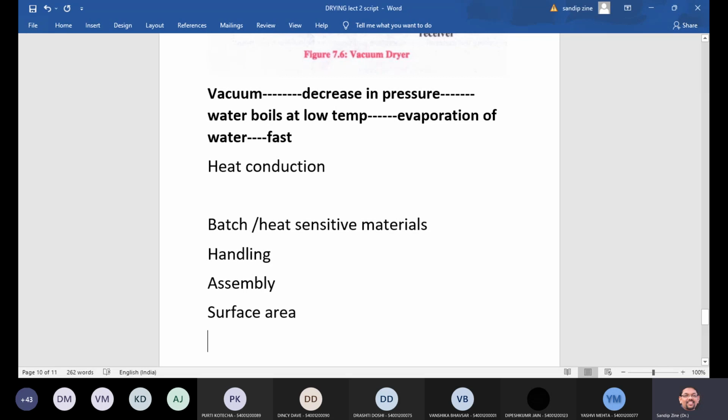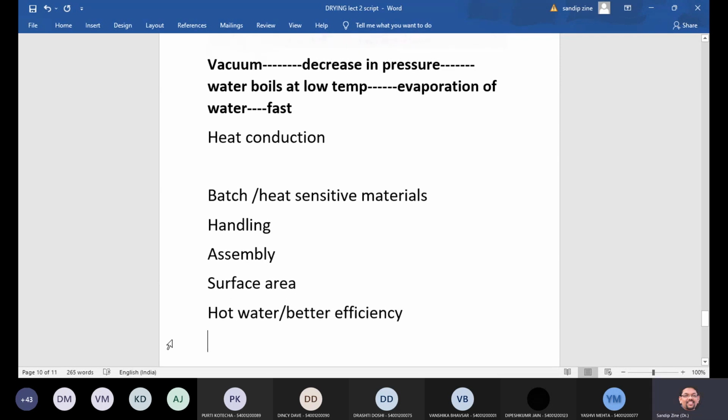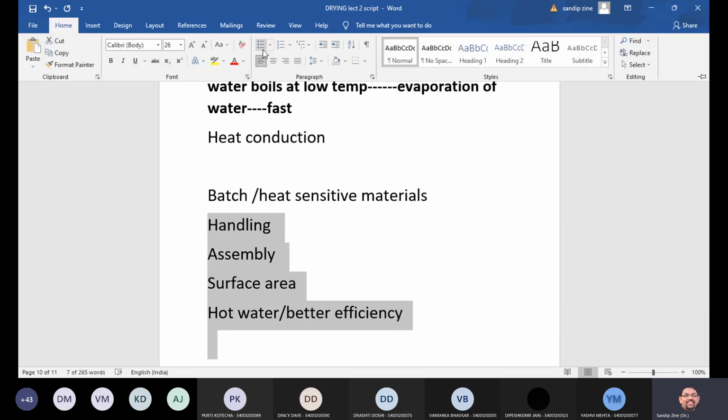So that provision is there. So obviously, you can supply continuous hot water for the better efficiency. These are the 3 to 4 points we can add as advantages of these dryers.